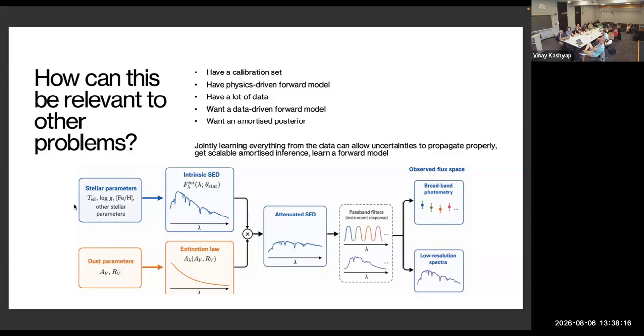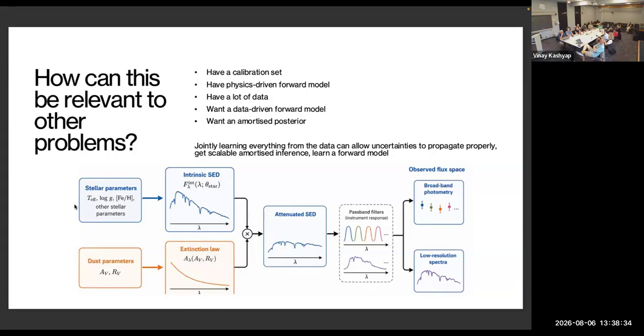However, in general, these models are misspecified in ways that are problematic. Particularly for low mass stars and post-main sequence stars, these are poorly calibrated in a way that is going to be quite problematic when we look at amortizable inference.